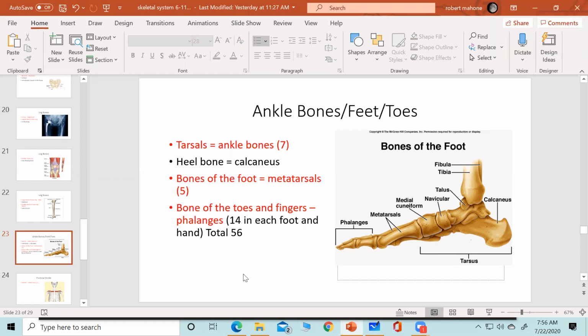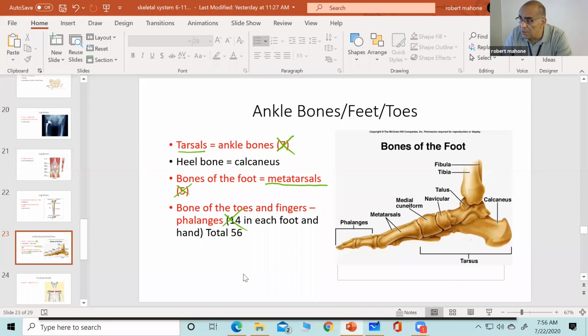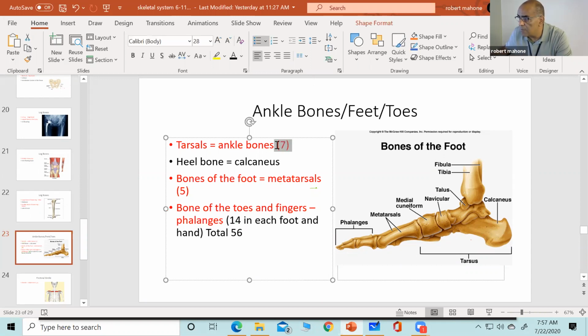All right, so the bones of the fingers and toes are phalanges. The bones of the foot are metatarsals. I don't ask what the numbers are, just know their names. Ankle bones are tarsals, foot bones are metatarsals, and the bones of the toes are phalanges.